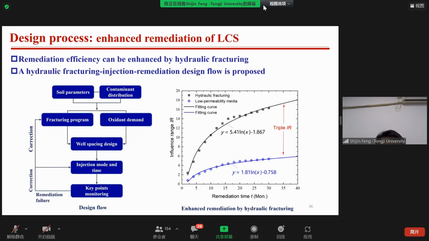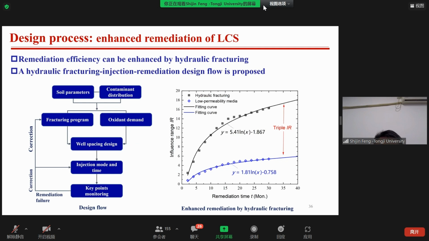We have known that remediation efficiency can be enhanced by hydraulic fracturing. Then, how to design this system for different soil conditions and contamination distributions? We propose a design flow chart as shown in the left figure. The fracture program, oxidant demand, well spacing, and injection pattern can be optimized.